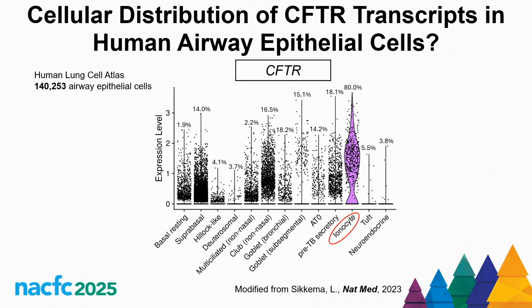To address these questions, the field is now moving from identifying cell-type-specific CFTR expression to identifying cell-type-specific CFTR function. Our expert speakers will update us with the latest data sets for cell-type-specific CFTR function.